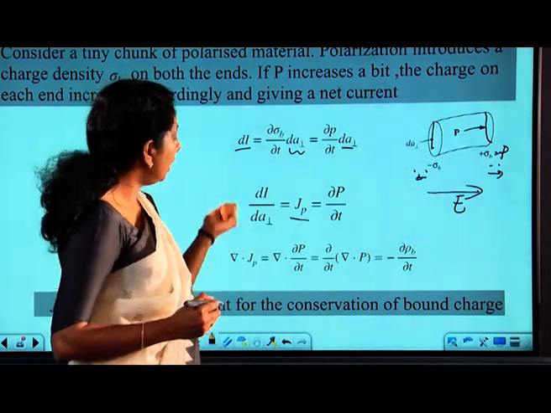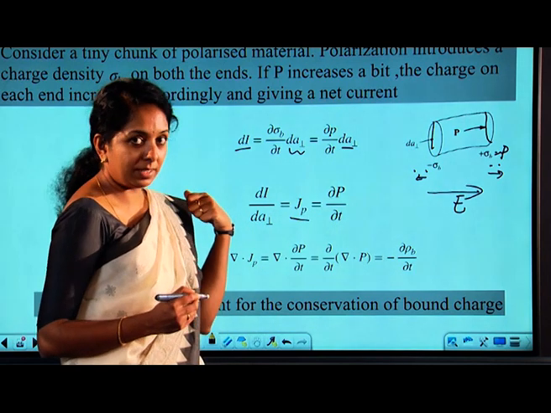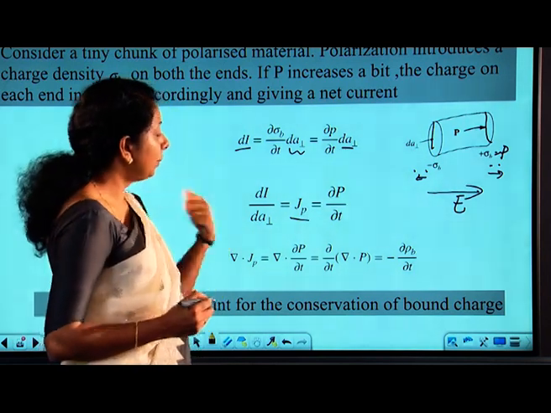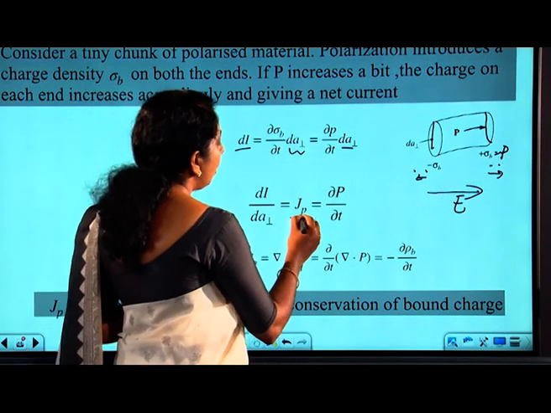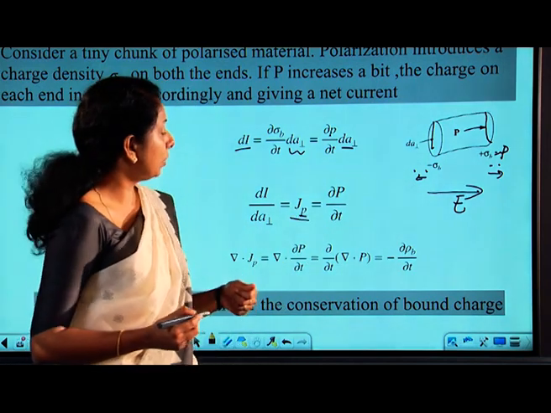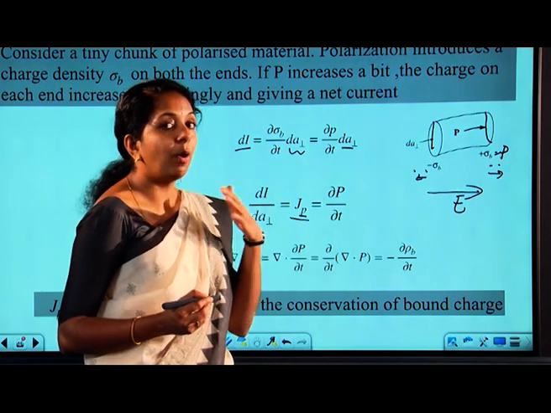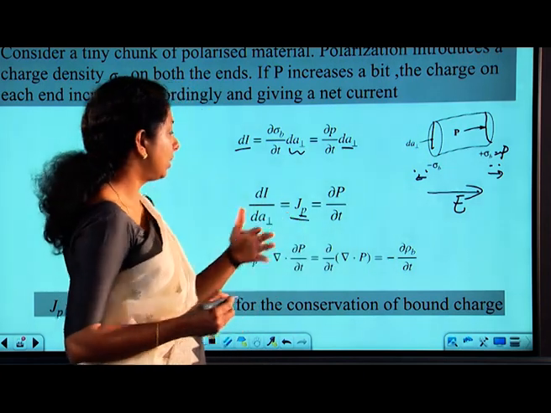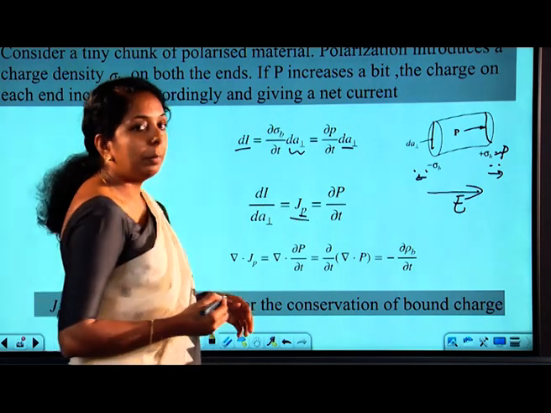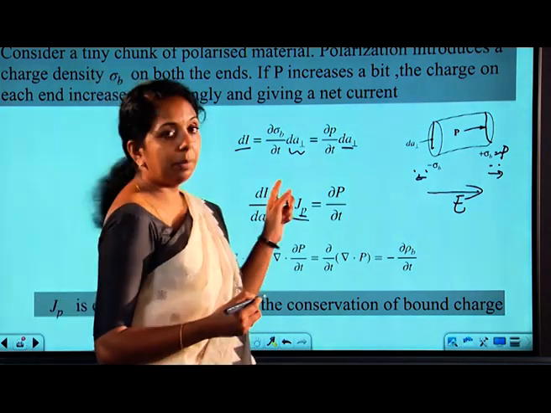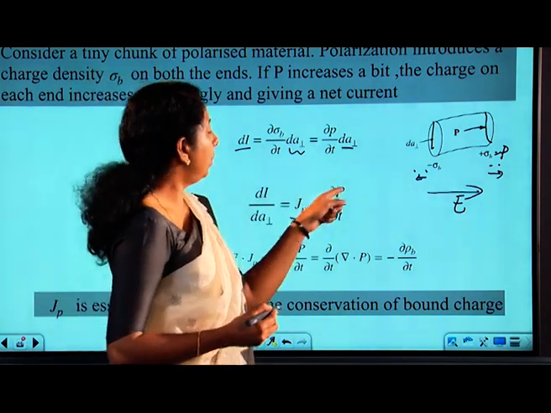So, dI by dA perpendicular is the volume current density. The subscript P is shown because this current density arises because of the change in electric polarization. So, dI by dA perpendicular is equal to J_p, which is equal to del P by del t.